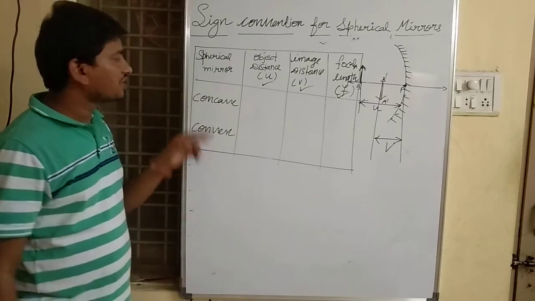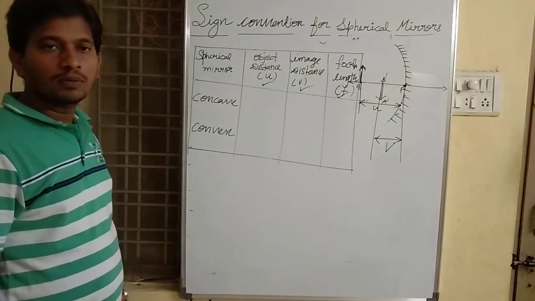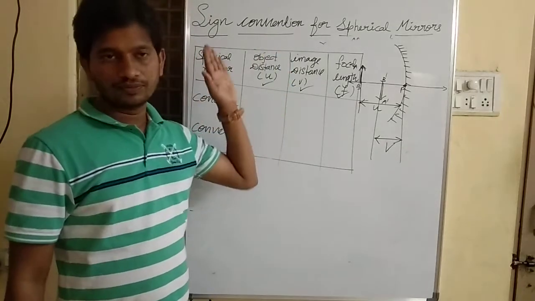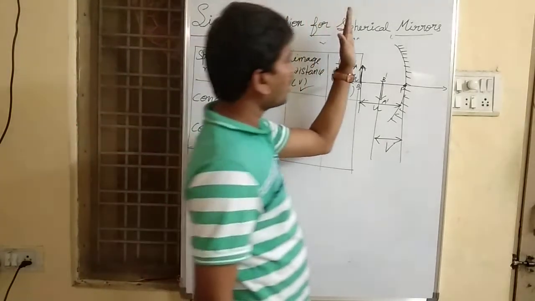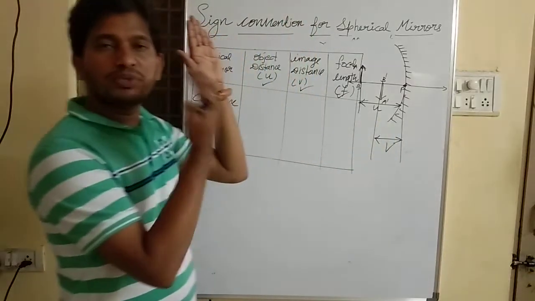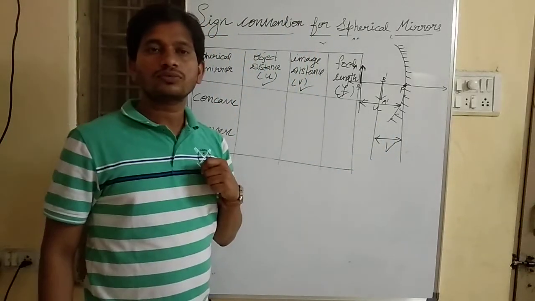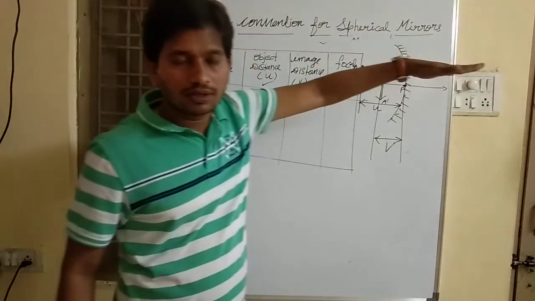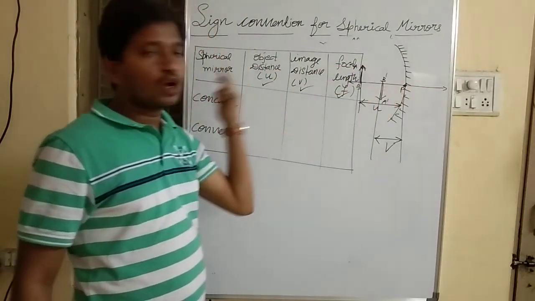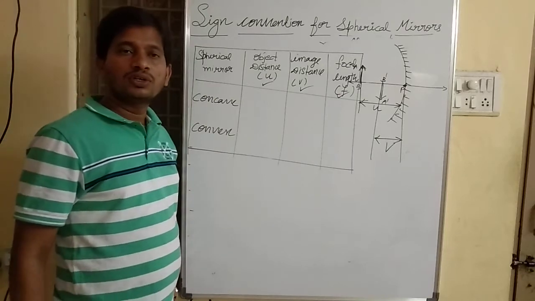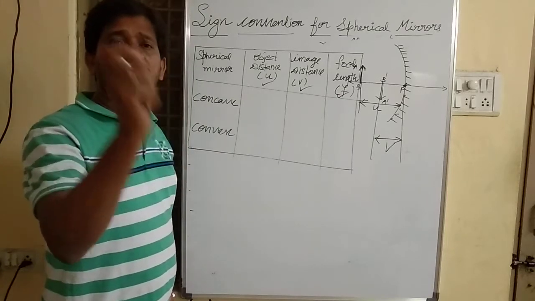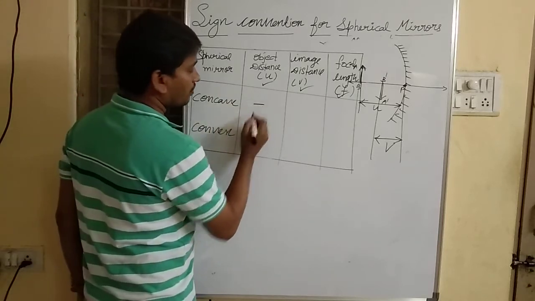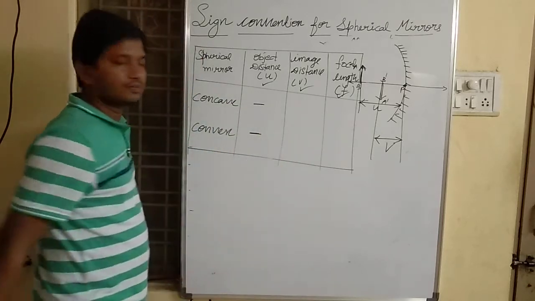What is the object distance for a concave mirror? We always place an object in front of the mirror. You can observe here, this is our object. Incident light travels in the direction like this, but we have to measure opposite to the direction of incident light. So object distance is always negative for both concave mirror and convex mirror.